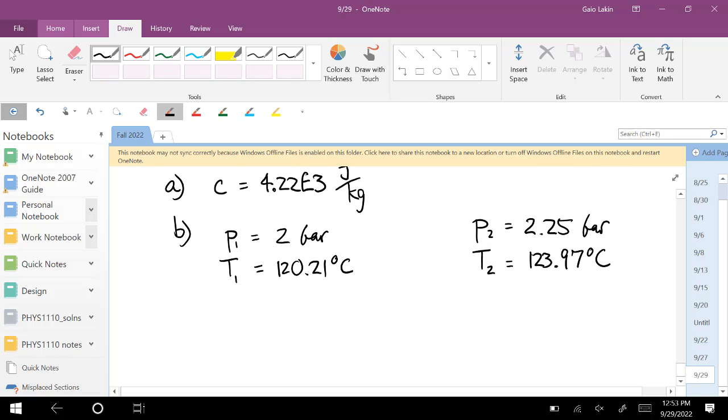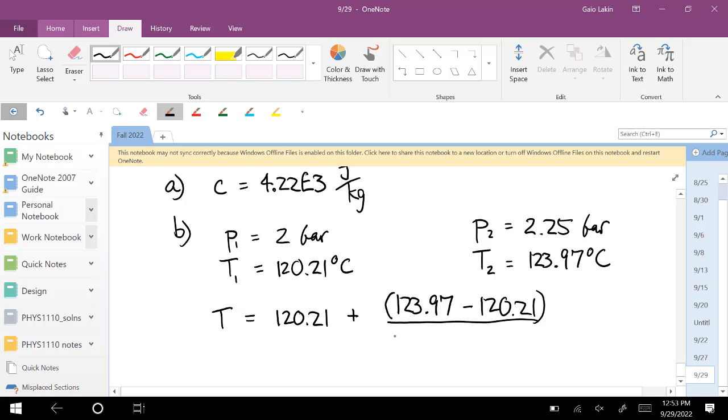And so you're going to have to do an interpolation. So the temperature is 120.21 plus the quantity 123.97 minus 120.21, divided by, and by the way, you can use any units you want for your independent variable when you're doing interpolations, because they cancel each other out and you're just left with the units of the thing you're looking for.